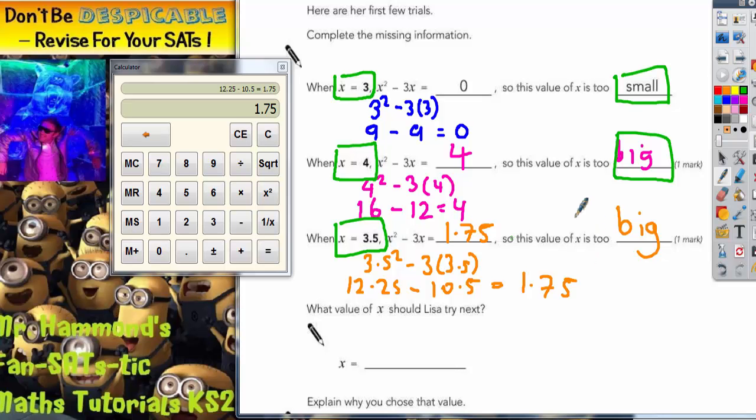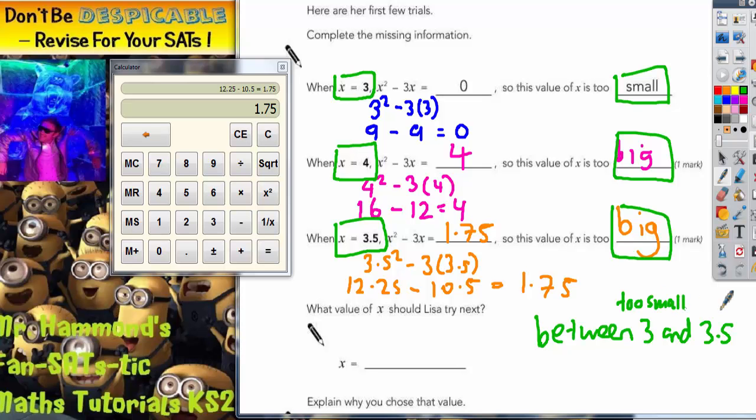But 3.5 was still too big. So now we know that it's between 3 and 3.5. So we need to try a value between 3 and 3.5, because 3 is too small and 3.5 is too big. So it's got to lie between these two numbers.